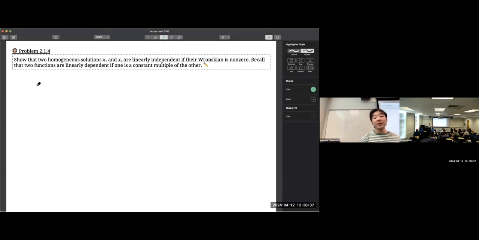I'm going to do this a little indirectly. Say your two homogeneous solutions, x1 and x2, are linearly dependent, not independent.